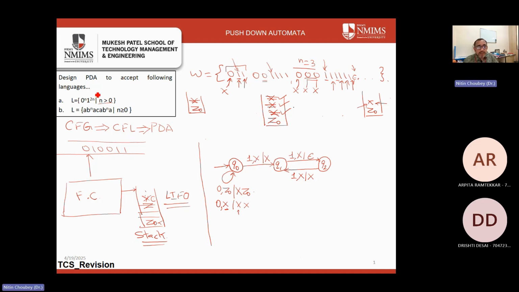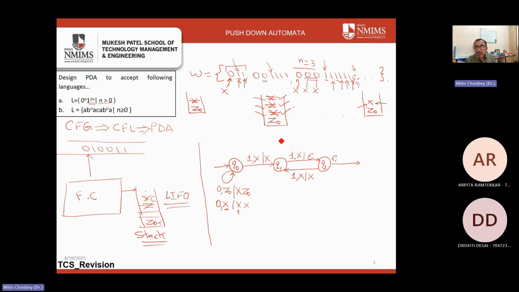And the condition is that ones should be available twice the number of zeros. So ultimately, we get epsilon in Q2 only. If in Q2 we get epsilon, only in that case do we need to proceed further. Proceeding further means: if we are getting epsilon, that is the end of the string, and the string is as per our description, all X would have been popped from the stack.